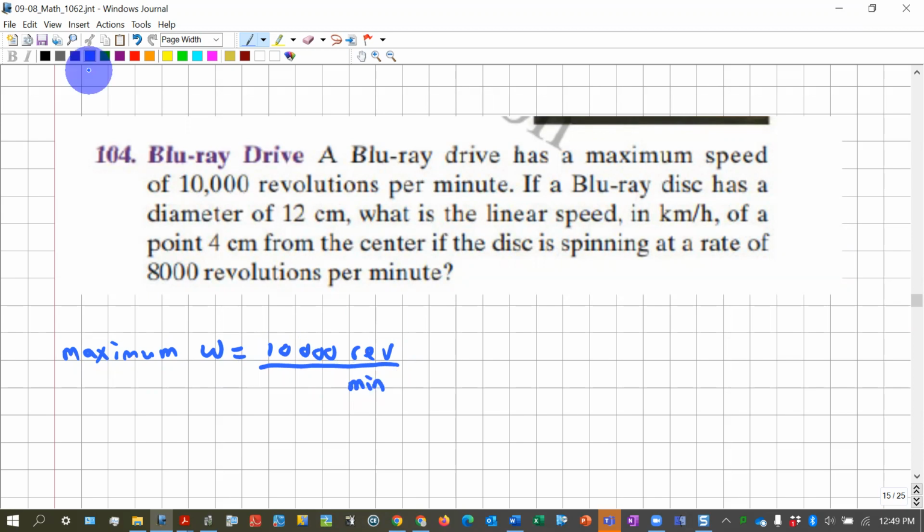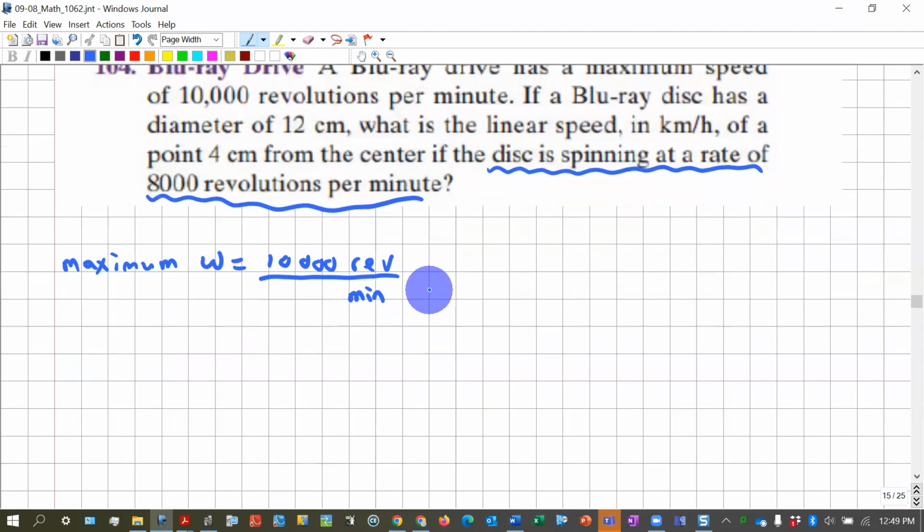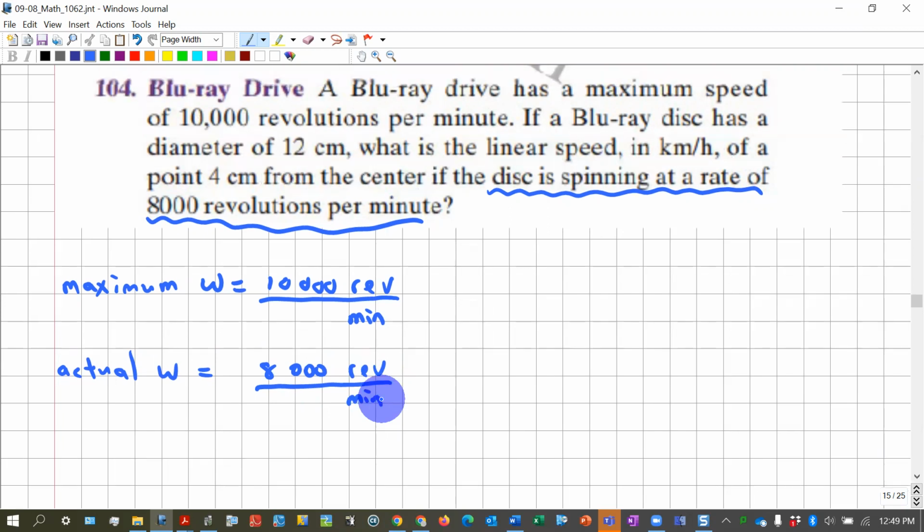But the disk is actually spinning at 8,000 revolutions per minute. So in this problem, that 10,000 revolutions per minute is extraneous information.